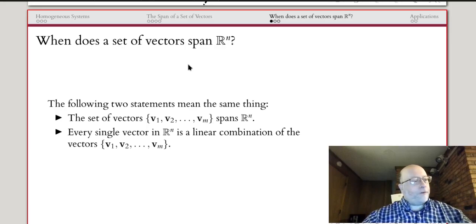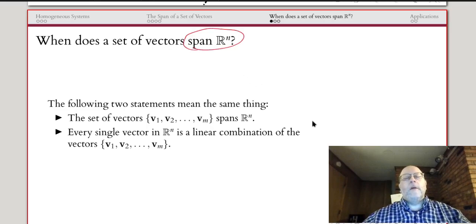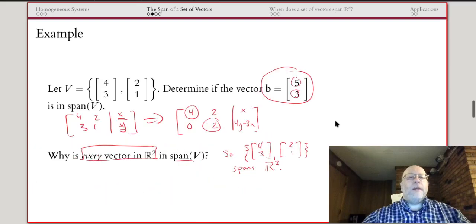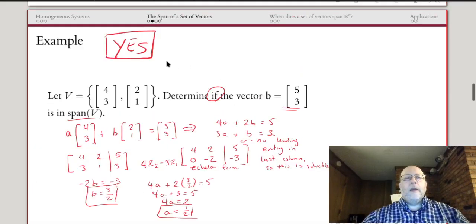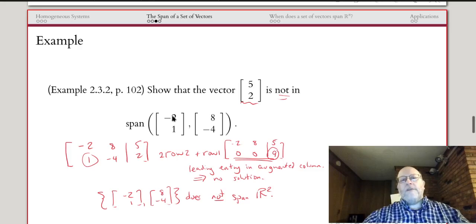So let's move on for a second. We would like to look at the question, when does a set of vectors span Rn? Now if we scroll back a little bit, we'll see that these two vectors did span Rn, and these two vectors down here did not span Rn.